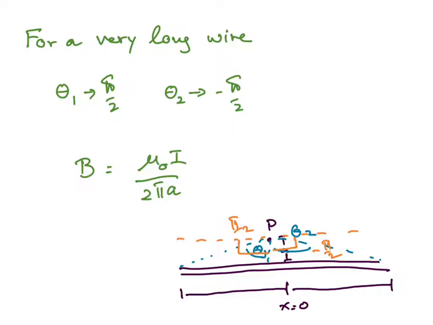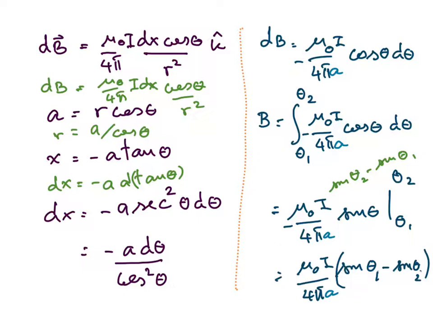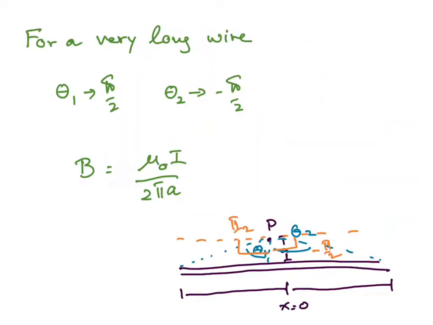When we substitute this value into this formula, sin of pi over 2 is 1, and sin of minus pi over 2 is minus 1.